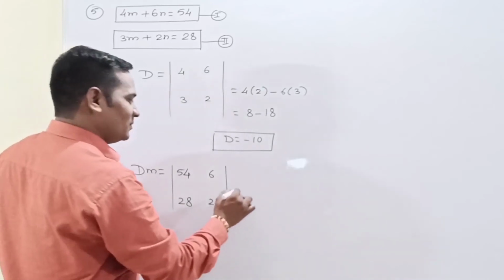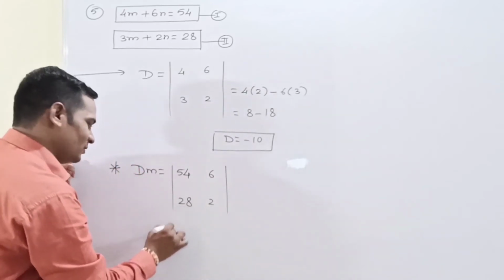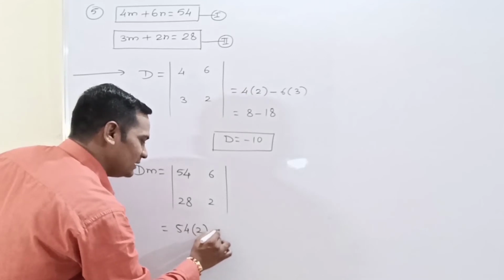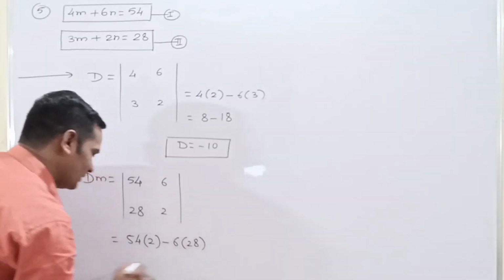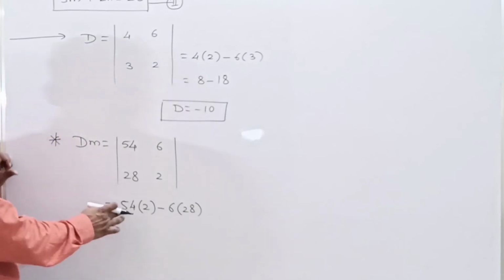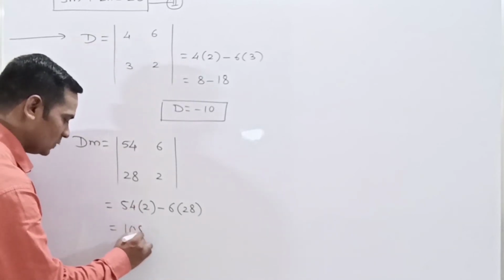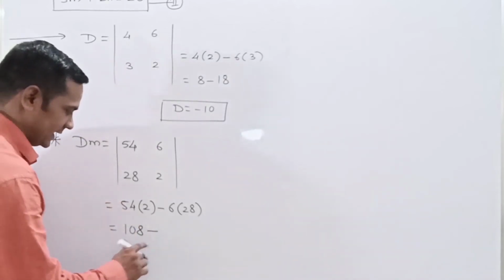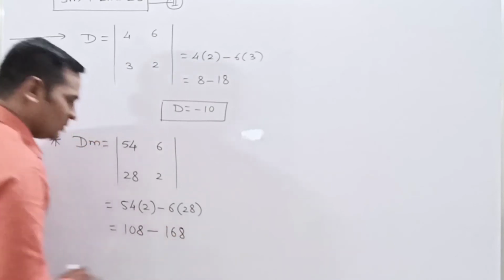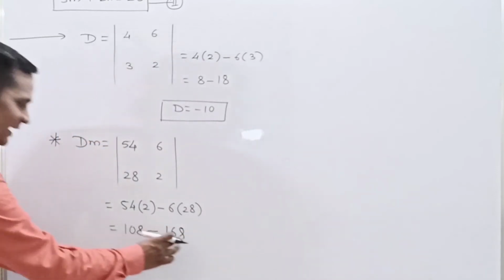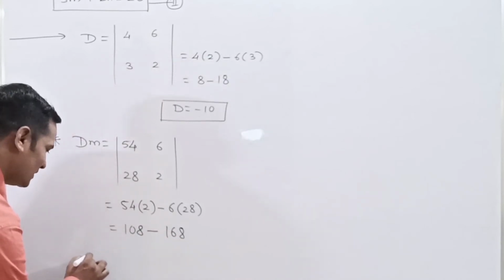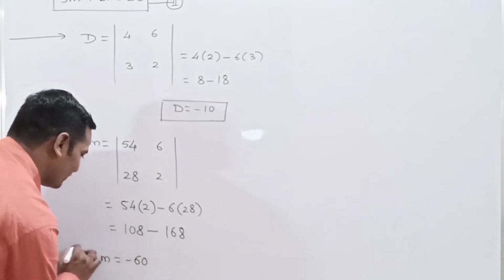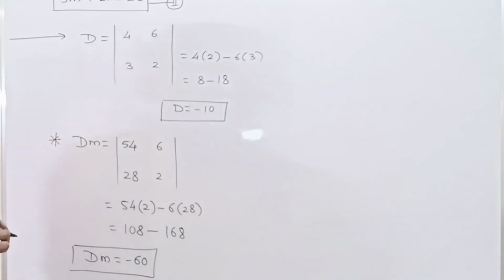Again by making cross multiplication, 54 into 2 minus 6 into 28. So the next step will be 54 into 2, that will be 108 minus 6 into 28, that means 168. So 168 minus 108, so the answer will be Dm is equal to minus 60.